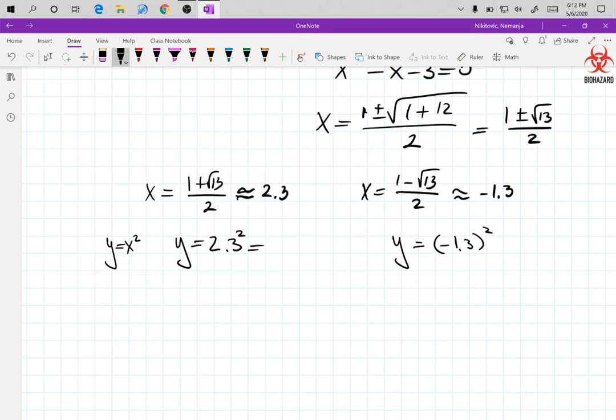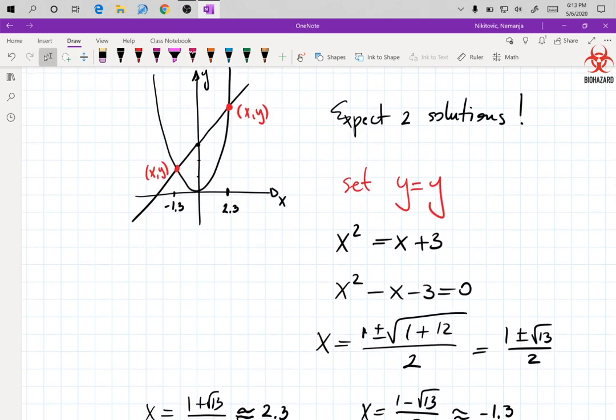That's 5.29, so about 5.3. And 1.3 squared is like 13 squared, which is 169, so this is 1.69, about 1.7. So we have one solution to be (2.3, 5.3), and the other one to be (negative 1.3, 1.7).